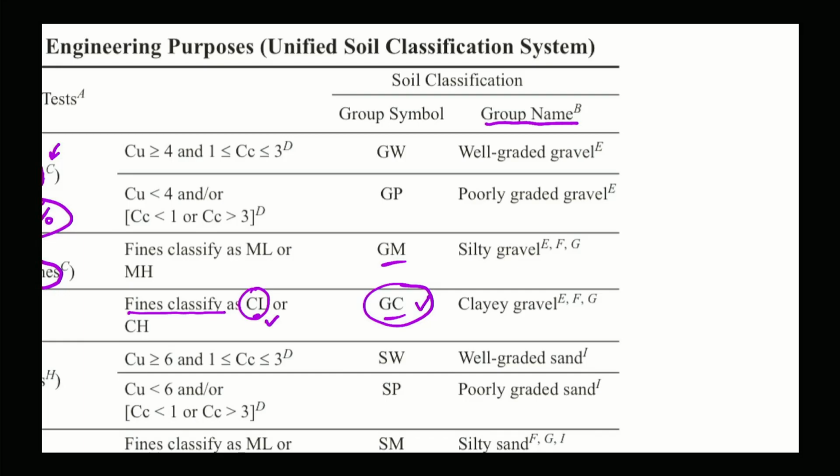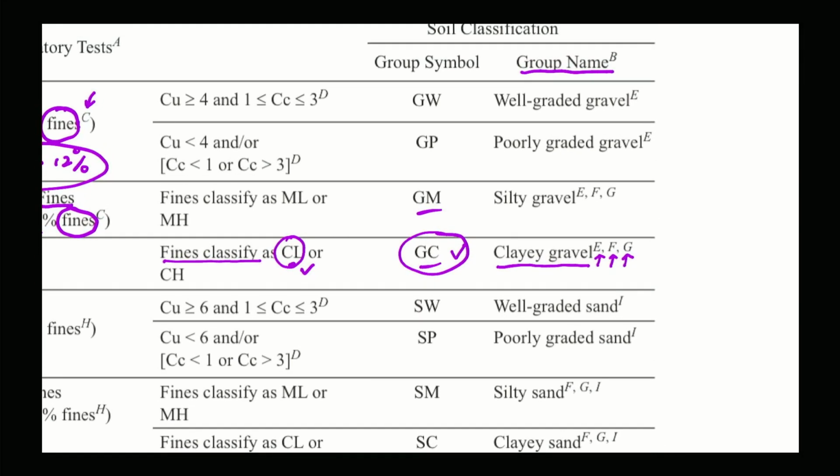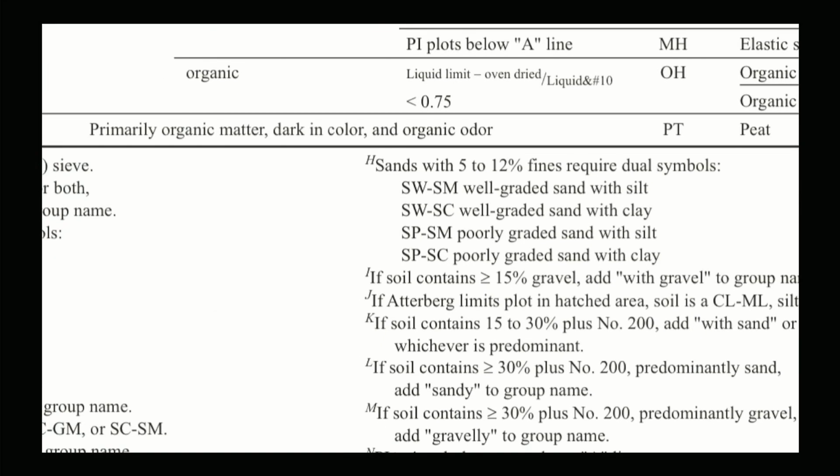So for this case over here, clayey gravel might not be the right answer because you have to again take a look at the EFG, all those three superscripts. And let's go ahead and take a look at those EFG and find the group name for our soil as well. So let's go to the EFG.